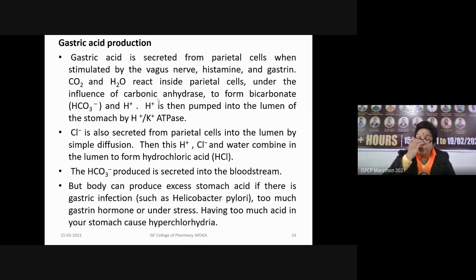See how hydrochloric acid is generated. As it is, hydrochloric acid is not stored in the body, in the stomach. It is continuously secreted through these types of reactions in the parietal cells. So this H plus, Cl minus and water combine in the lumen to form hydrochloric acid.